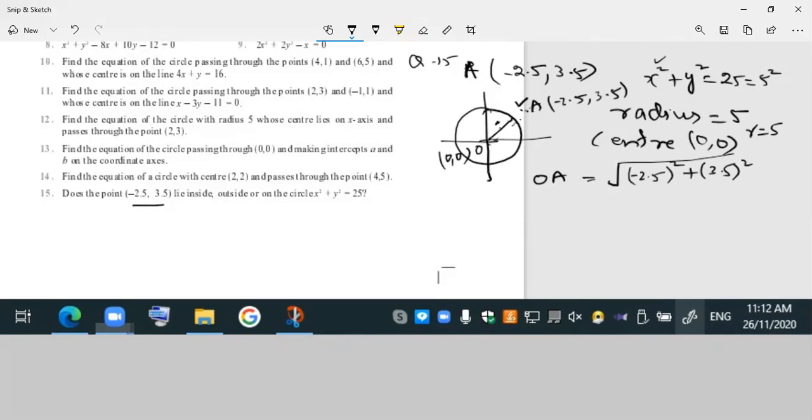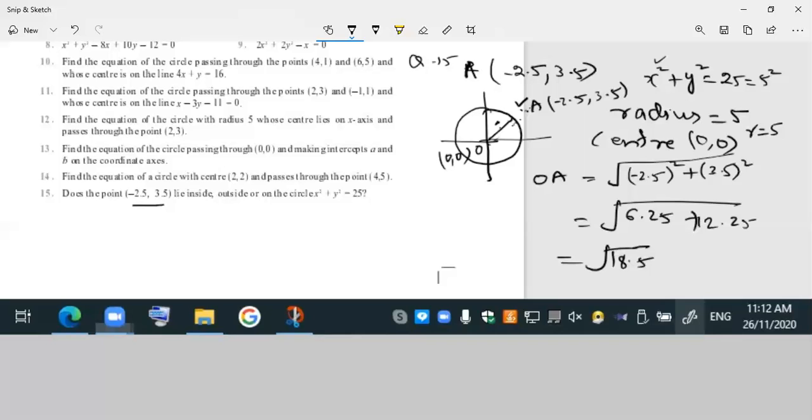So 2.5 square is 6.25, plus 3.5 into 3.5, which is 12.25. The total will come to 18.5.